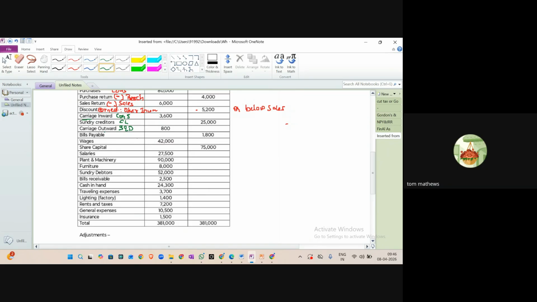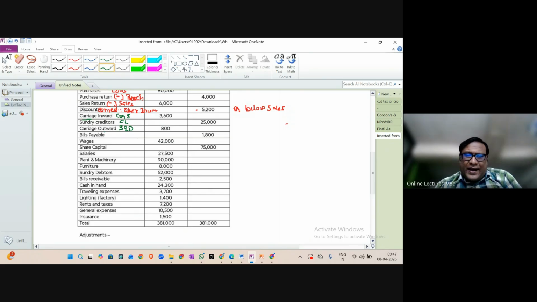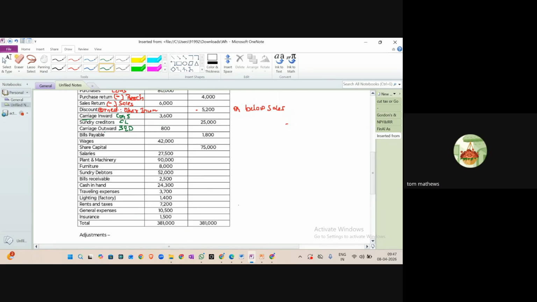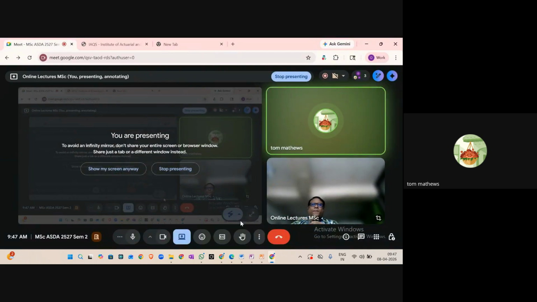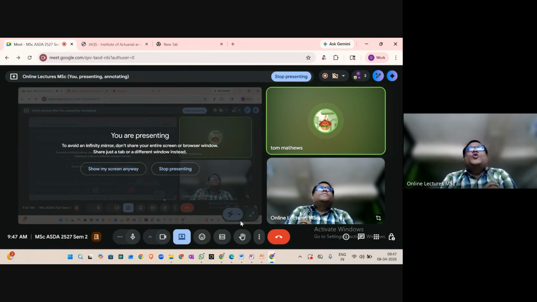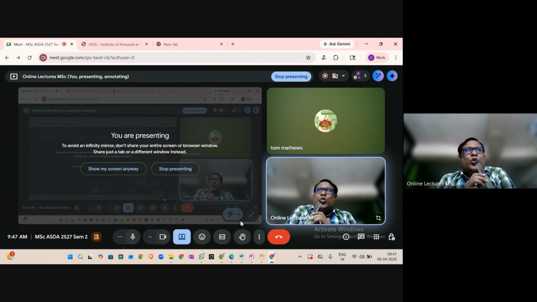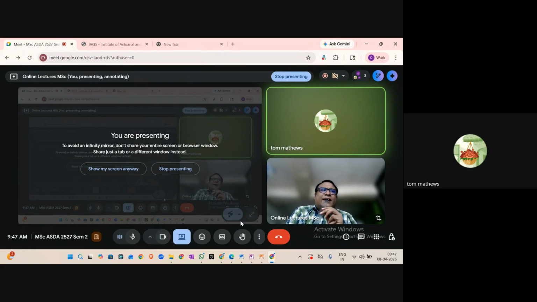All good, sir? There are 4 items: sales return, purchase return, carriage inwards, carriage outwards. No, when we are adjusting, only two of these have to be netted out: purchase return and sales return. And they are very friendly.